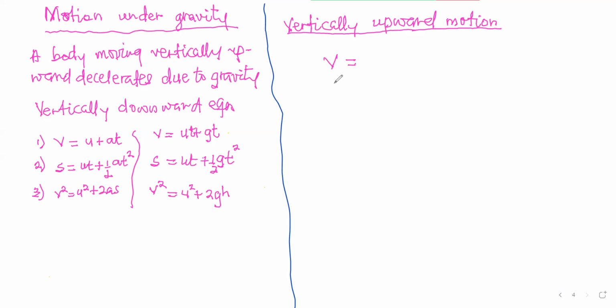Guess it. Help me. If the body decelerates, the first equation would be equal to, are you there? Yes, sir. Help me create the first equation for vertically upward motion. The body will decelerate. So V will be equal to, okay, let me switch to Nora.